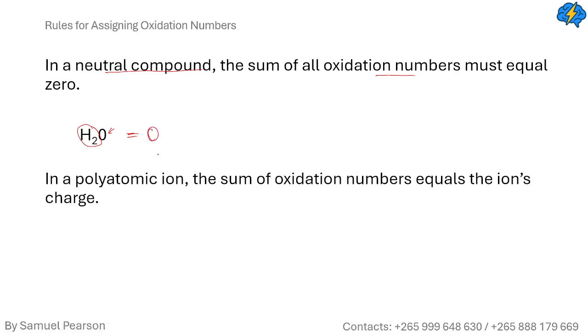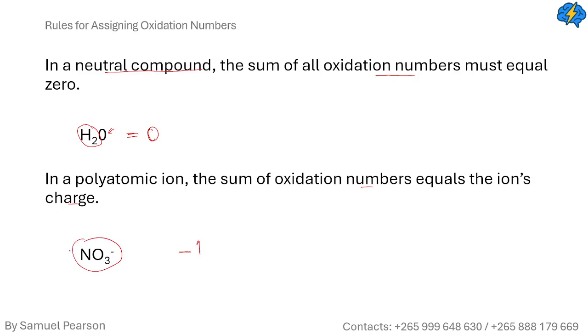But in a polyatomic ion, the sum of oxidation numbers equals the ion's charge. For instance, we have nitrate ion. In a nitrate ion, we have a charge of negative, so the oxidation state of nitrate ion is -1.